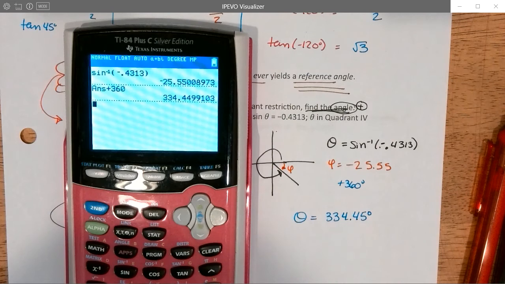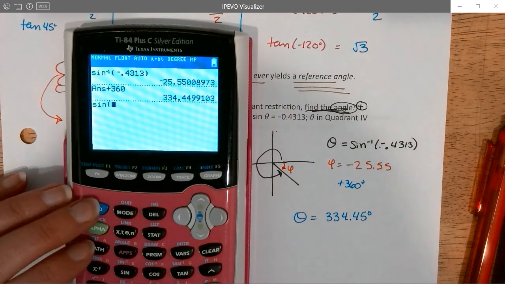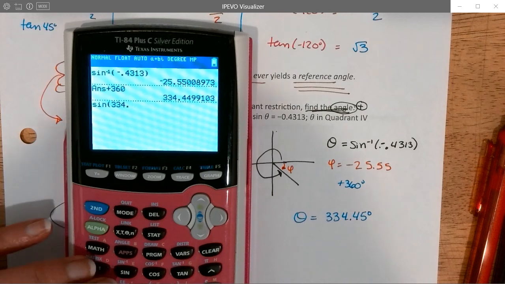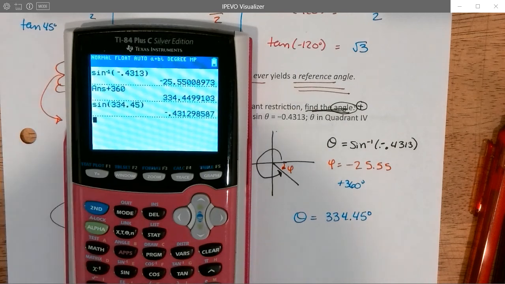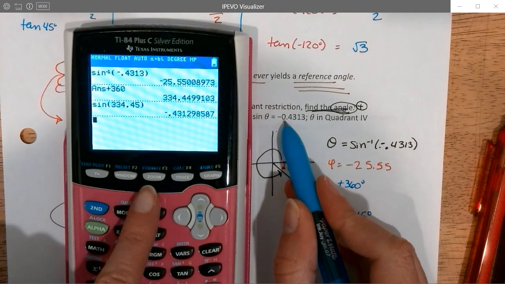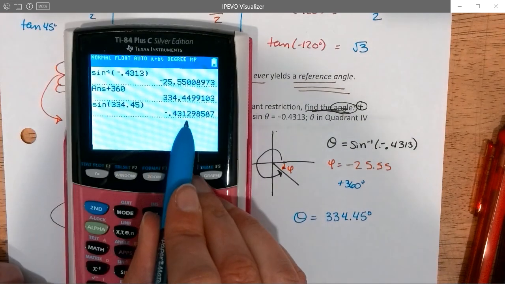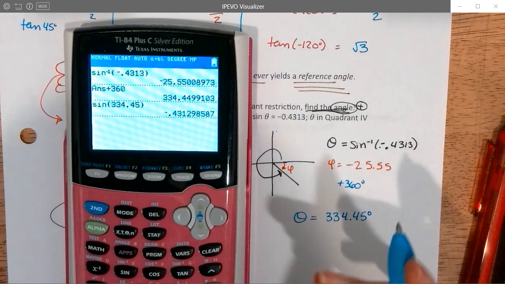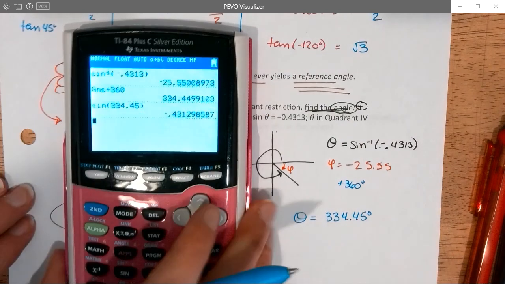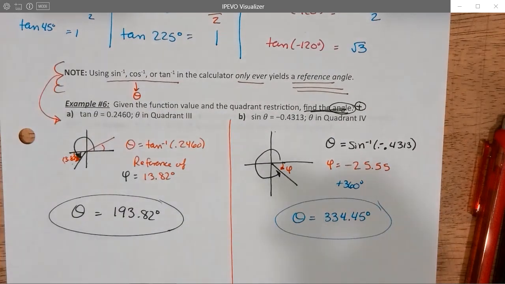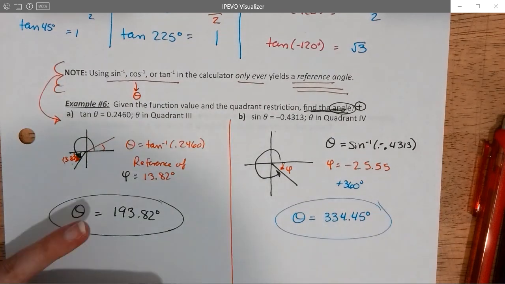Now, to check it, if I take the sine of 334.45 degrees, I should get negative 0.4313. It's 0.4329 right there instead because we made some rounding as we got that angle. All right, so that's how I can get an angle that is not just the reference angle.